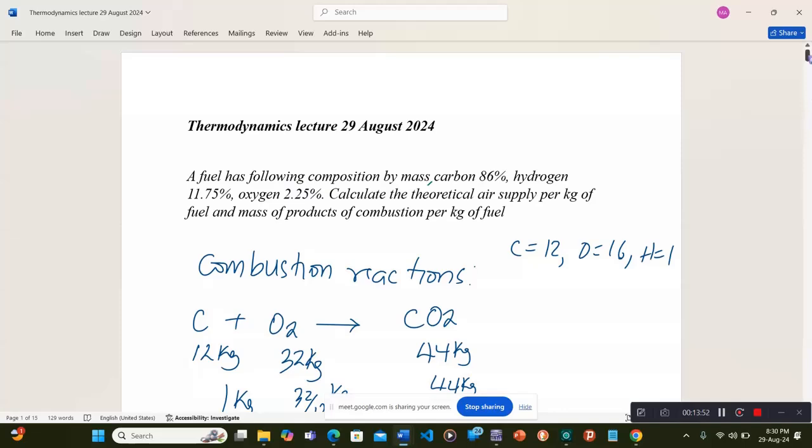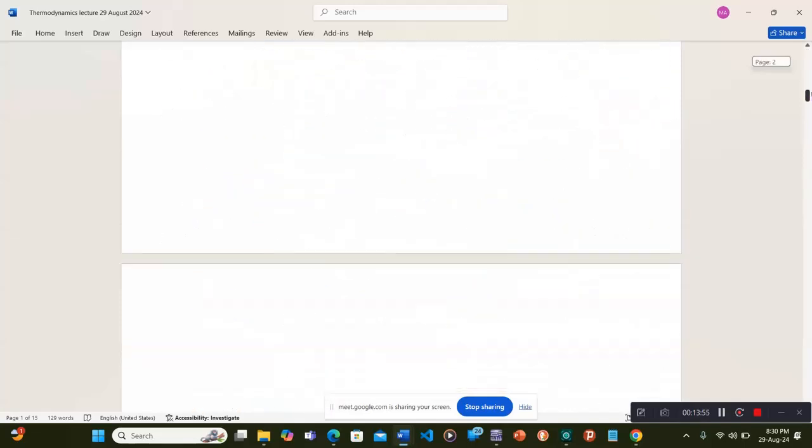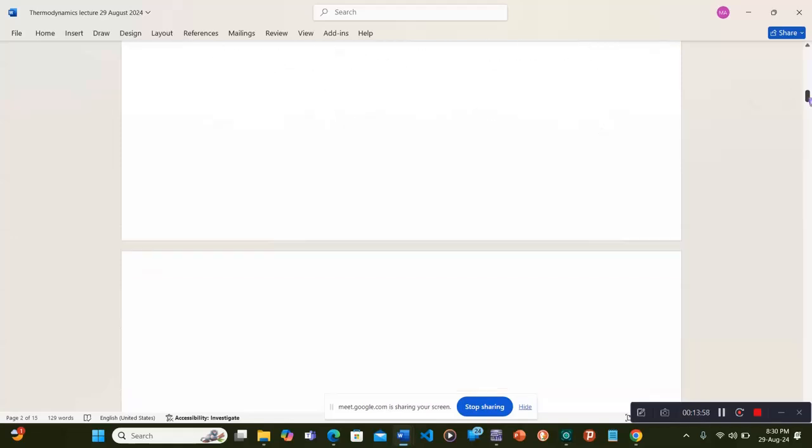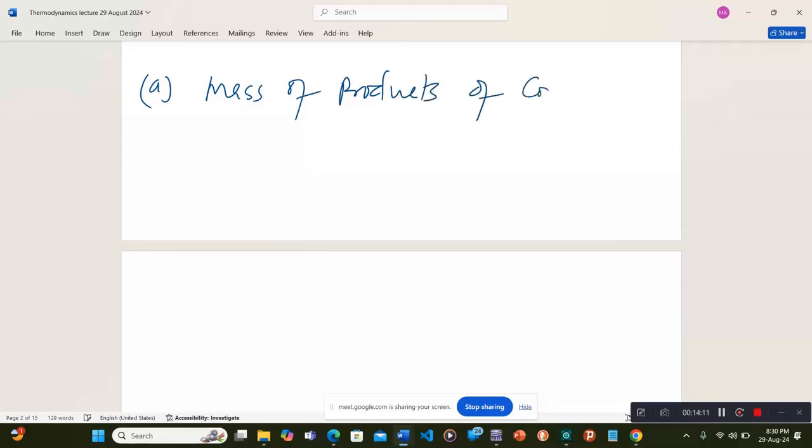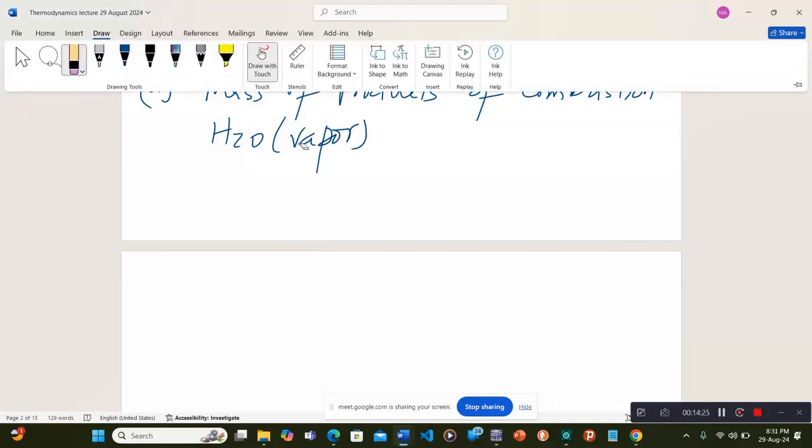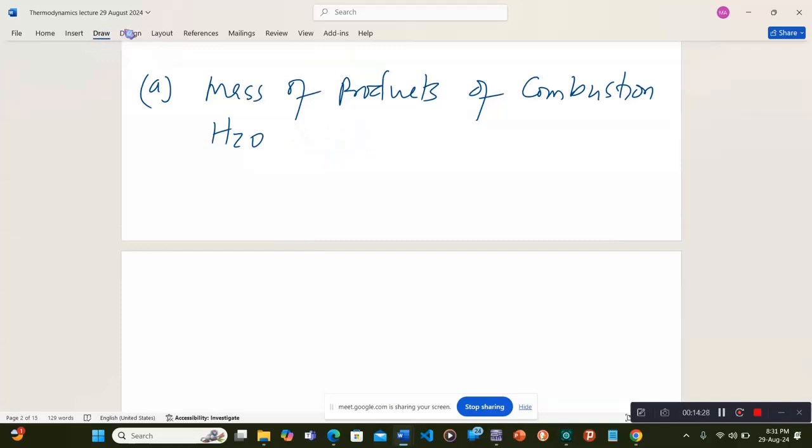We go down and talk about the mass of products of combustion. So one, we have water, the water vapor or liquid. It could be liquid or vapor. And then we also have carbon dioxide.